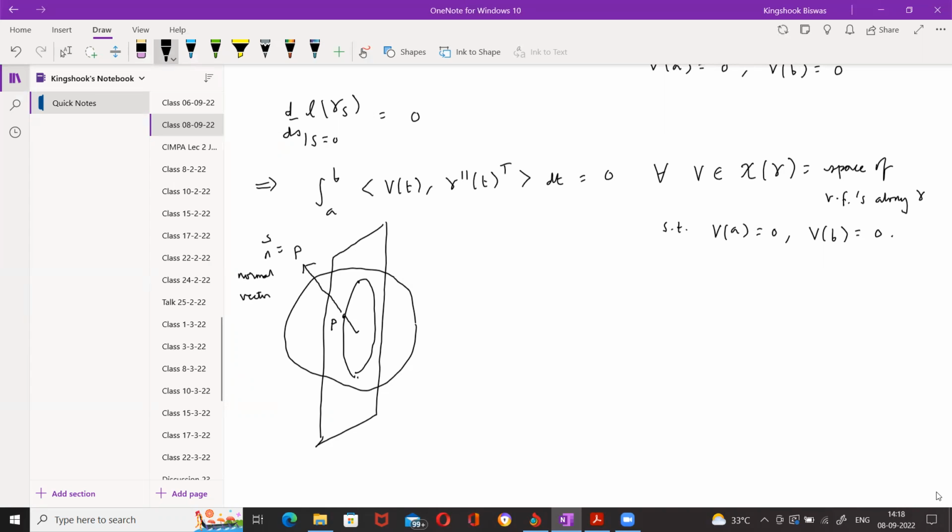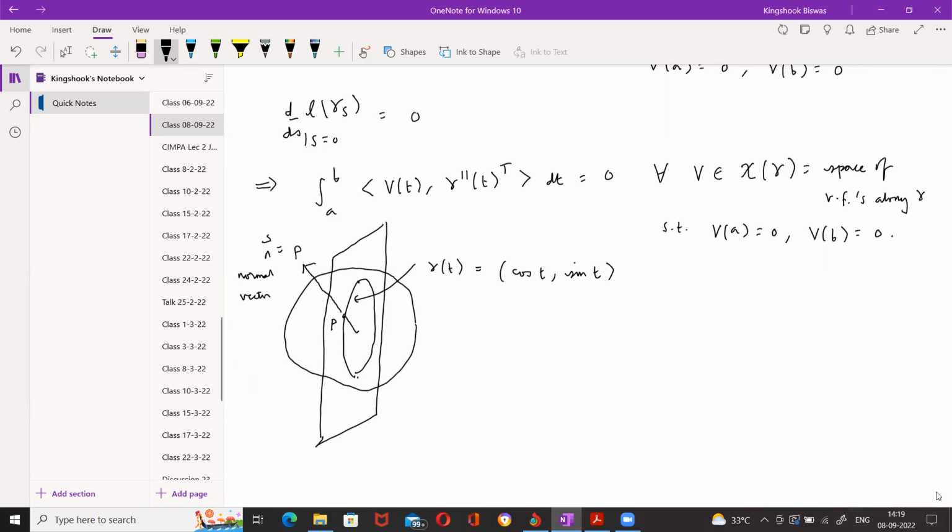Now, in this plane, if I choose XY coordinates on this plane, then my curve, this longitude, let me call this gamma. Gamma of t will look like, with respect to these coordinates, cos t, sin t.